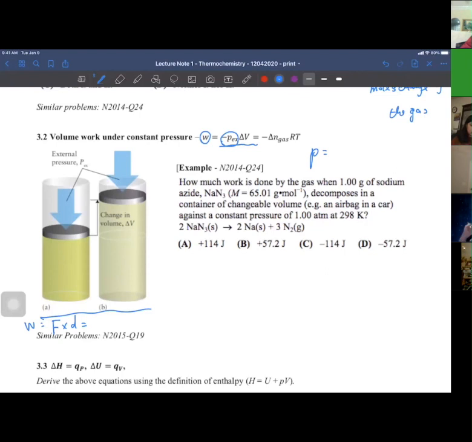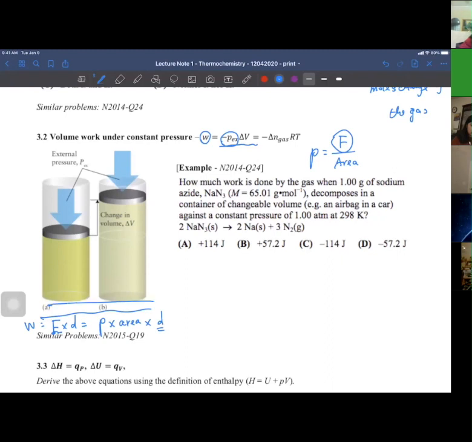Pressure by definition is the force over the area, right? It's how much force per unit of area. So if we change the force into the pressure times the area, because this is the definition of the force, and then times the d, the distance.